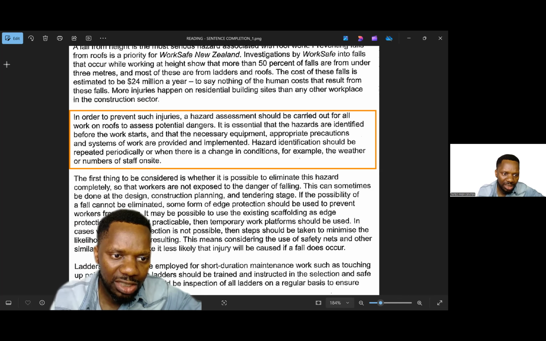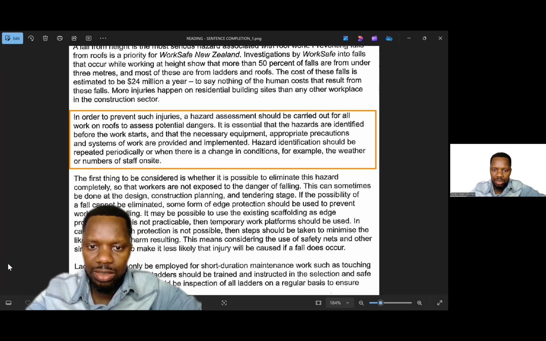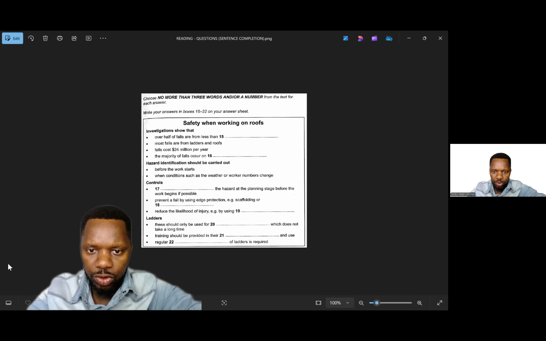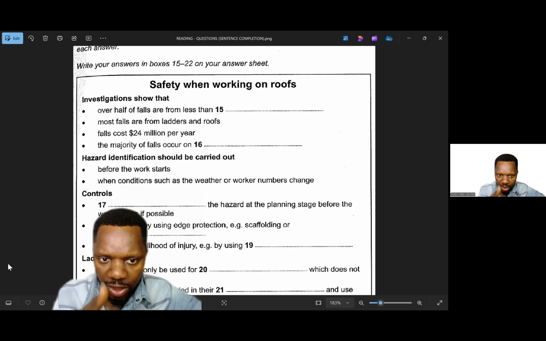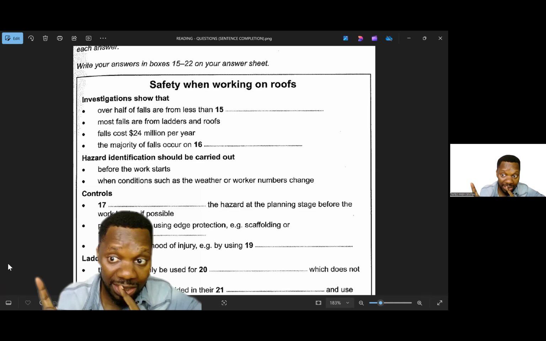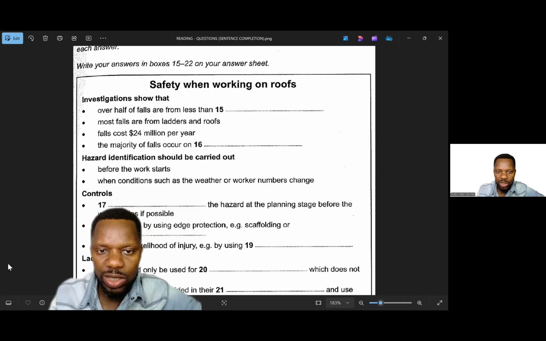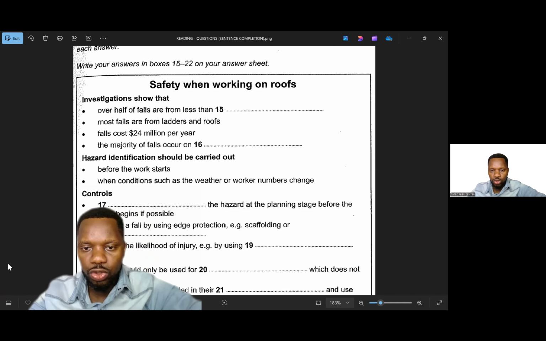I believe we can still remember that. Hazard identification should be carried out before the work starts and when conditions change. So that paragraph does not give us any answer. It's still in line with the subheading under this section, so it's not what we should focus on.